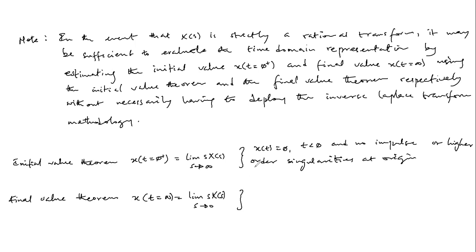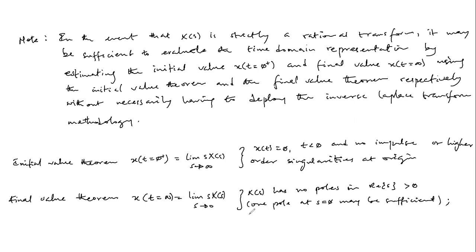And then the condition under which this theorem is valid is that s of s has no poles in the real values of s greater than 0. Okay, but one pole at s equal to 0 may be sufficient. Okay, and then the region of convergence is right-sided.